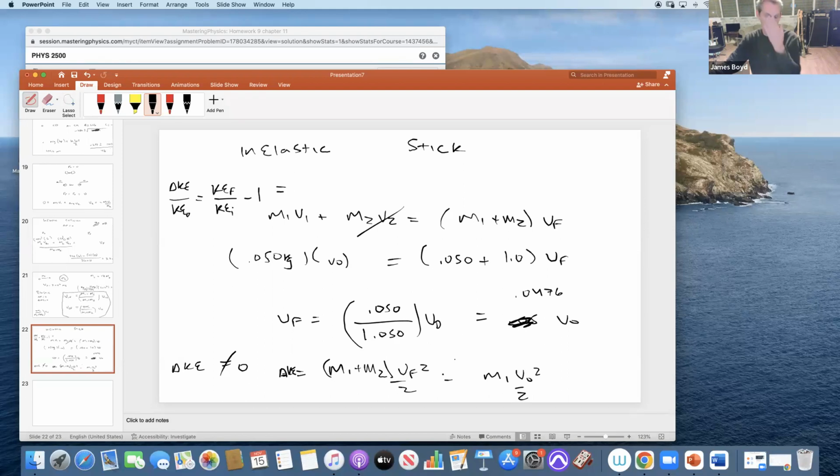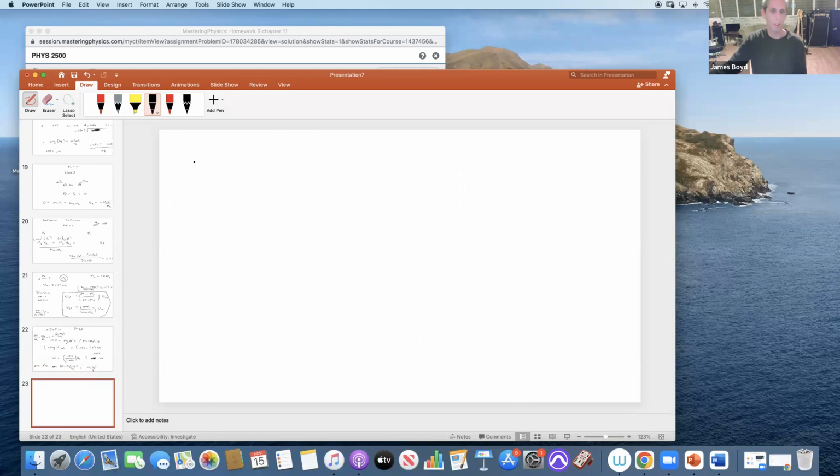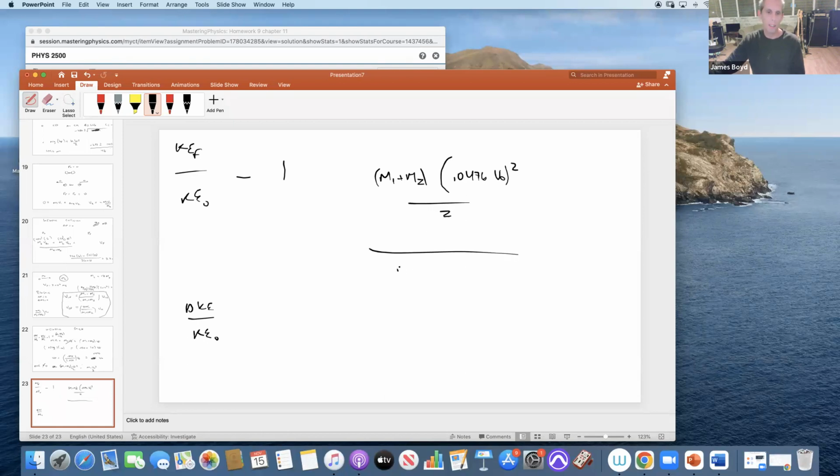That is the change of kinetic energy as a ratio over the initial kinetic energy. So this is M1 plus M2 times 0.0476 V naught squared over 2, divided by M1 V naught squared over 2, minus 1.